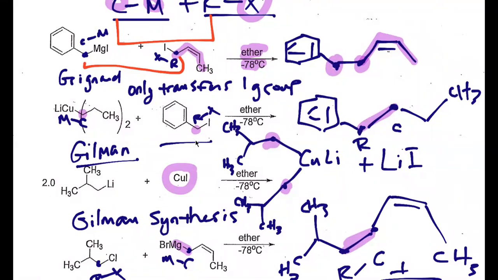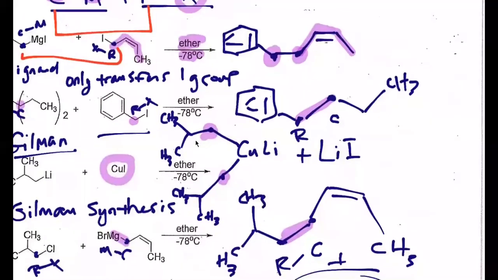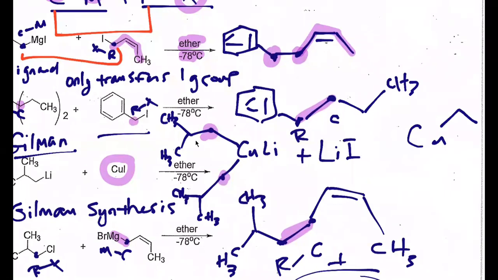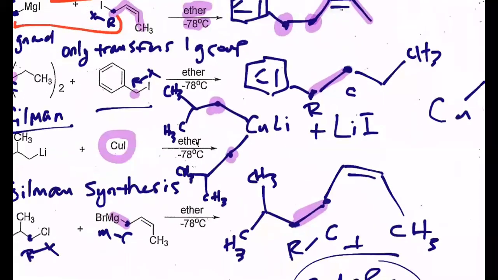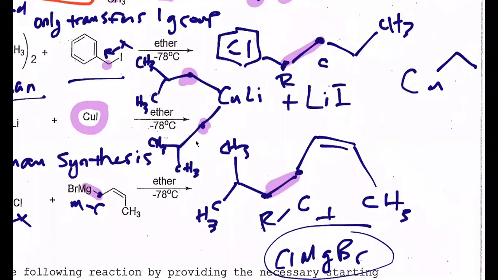So the Gilman is only going to transfer one group. The other part of that is going to be this, right? So you have Cu with one of those groups attached to it, plus lithium iodide.